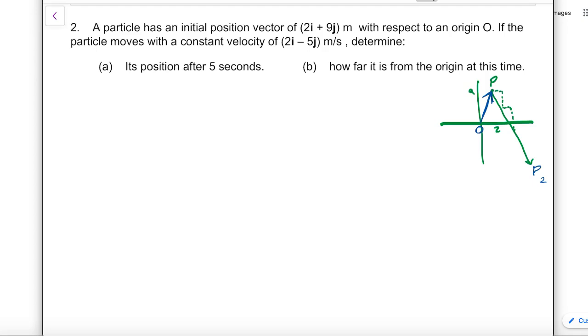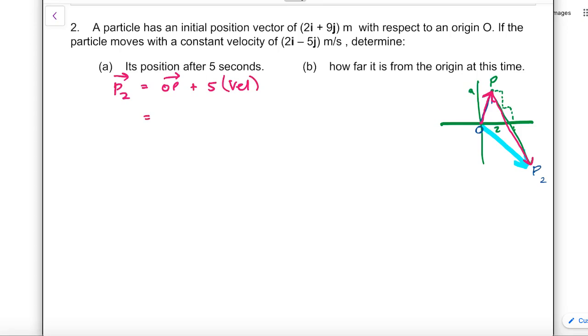In order to find this resultant vector from the origin, I need to travel from O to P and then from its initial position down to where it will be 5 seconds later. So the position vector of position 2 is going to be its initial position plus 5 seconds worth of its velocity.